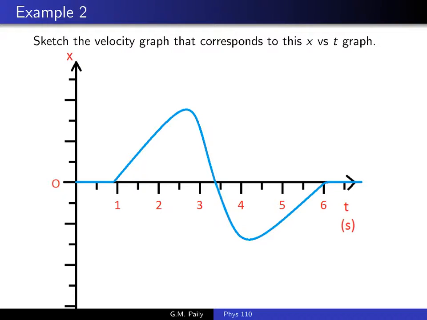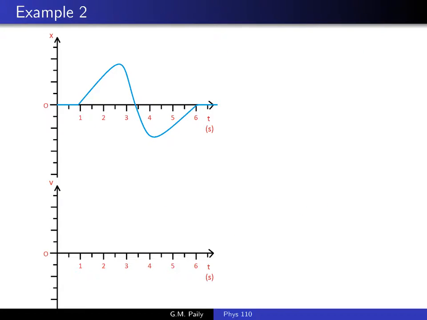In the second example, we are again given an x versus t graph, and this time we are asked to sketch the velocity graph that corresponds to it. When given a question like this, it is always a good idea to mark the points where some kind of transition or change happens.